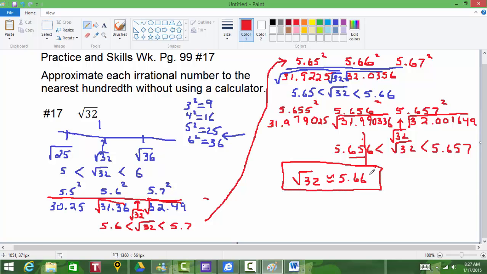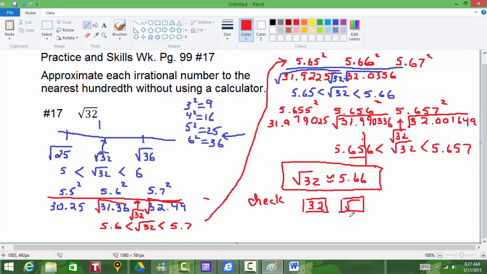One way you can check your answer is to go to your calculator and put 32 in, and then after you hit 32, put that square root key, and then you'll come up with your answer the same way.